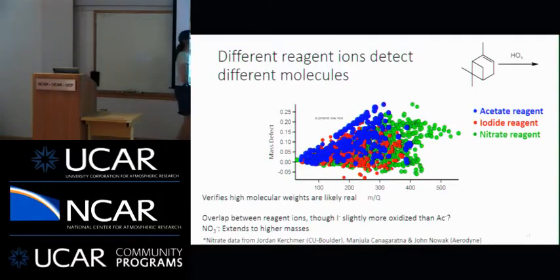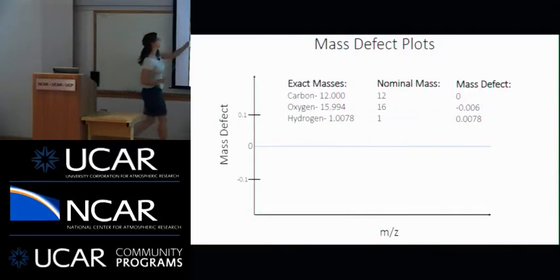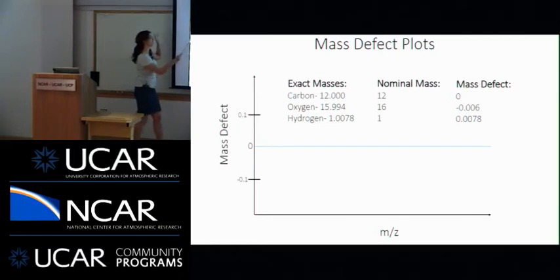The blue is the acetate, and if we go back a moment, you will recall that oxygen has a slight negative mass defect and hydrogen a slight positive one. So things that are higher in this mass defect place should be slightly less oxidized, and things that are further down in this figure should be slightly more oxidized.